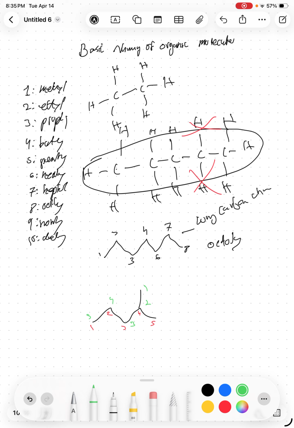Then the group that is a substituent, out of the carbon chain, give that the first number, the closest first number. First we have to name the chain.